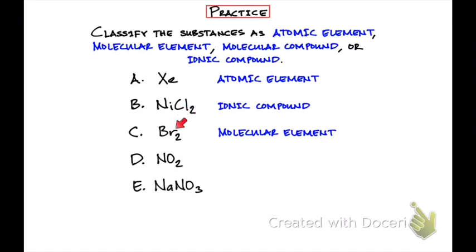The fourth one is NO2, nitrogen dioxide. As you can see, nitrogen is a nonmetal. Oxygen is also a nonmetal, and so the bonding between them is covalent in nature. And so nonmetal plus a nonmetal gives you a molecule. So this is a covalent or molecular compound.